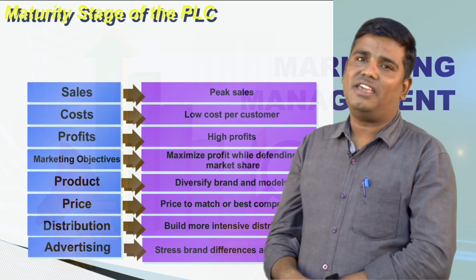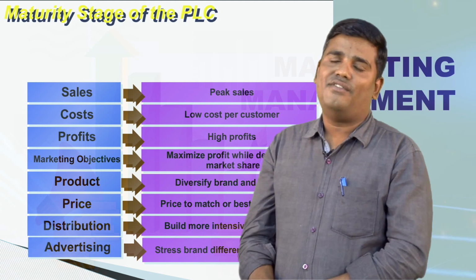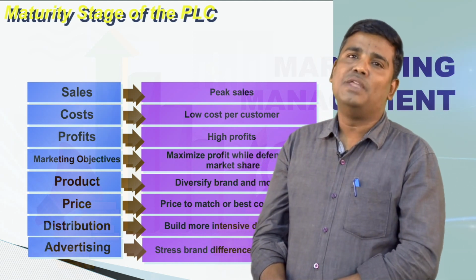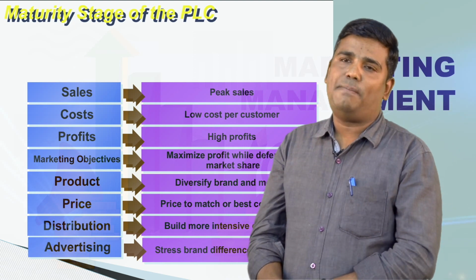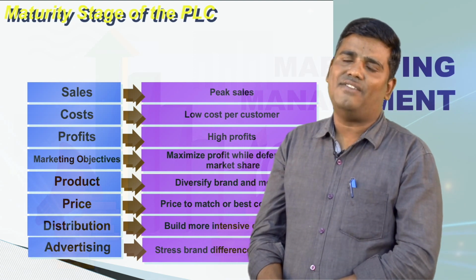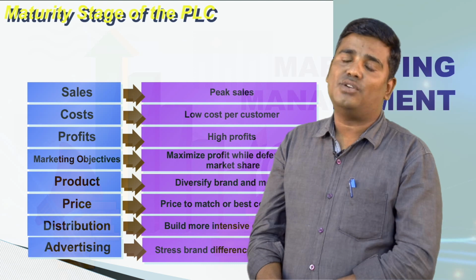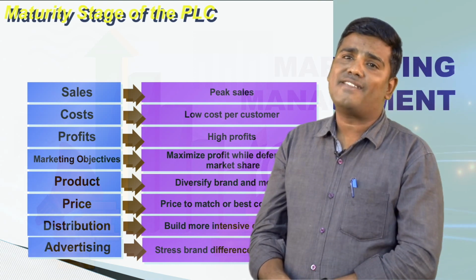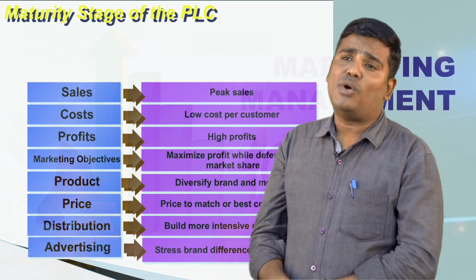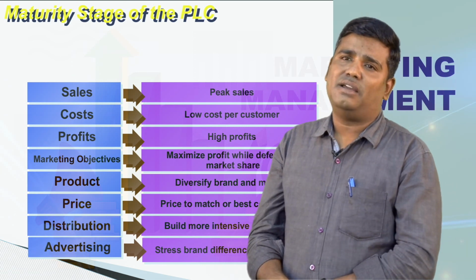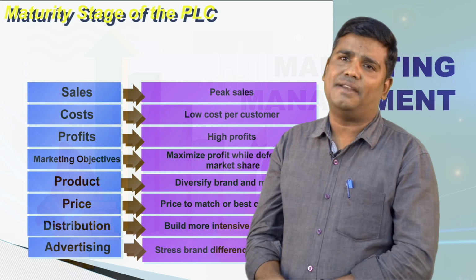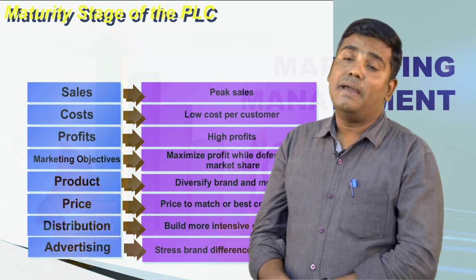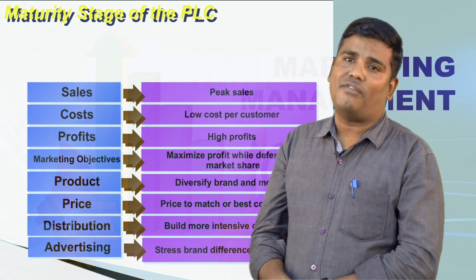And the third one is the maturity stage, where the product sales have reached the very peak level in the market. Very peak level means the highest level. Here the unique feature of the maturity stage is that the company is going to enjoy the number one position inside the market, more or less like a monopoly market. They are going to enjoy the monopoly, and they can get an unpredicted amount of profitability.